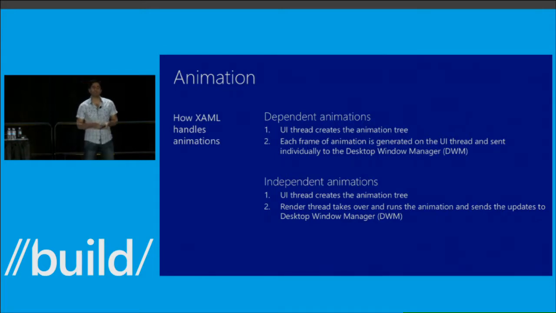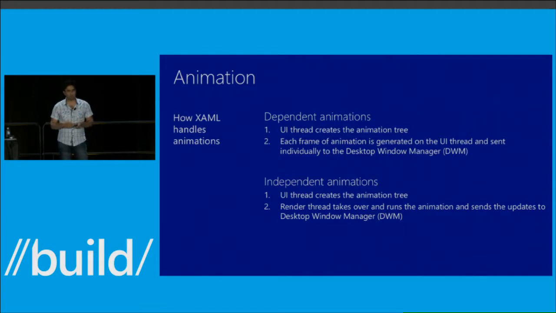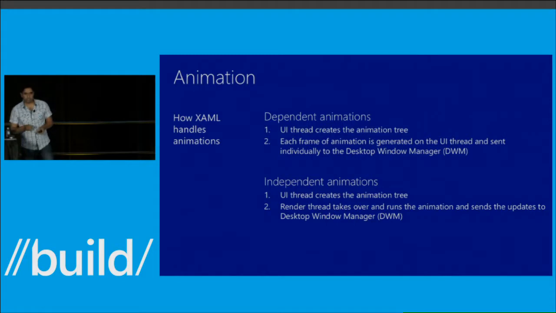What does that mean? If an animation needs updates to your layout, then the UI thread has to do the work, because the render thread doesn't know how to move those elements, since it needs work in the UI thread to change the layout. Number two, if app code is listening to timer events and driving the animation, it is the app code on every timer event moving these objects around.